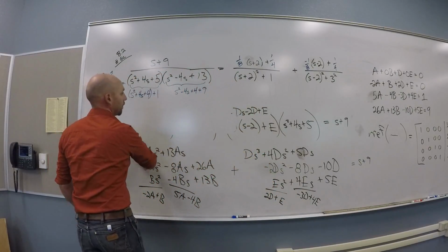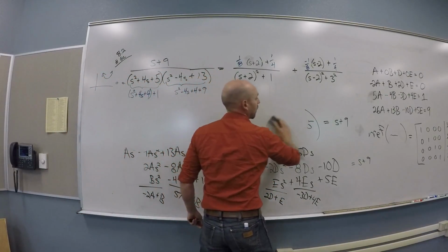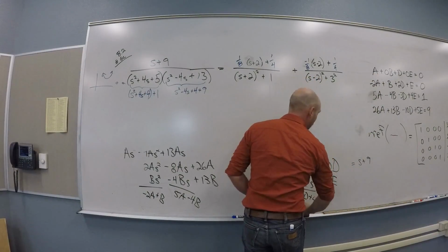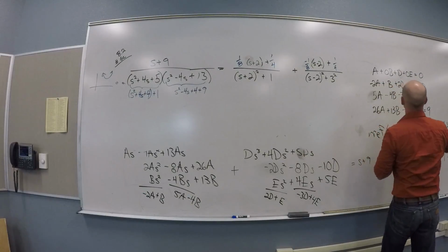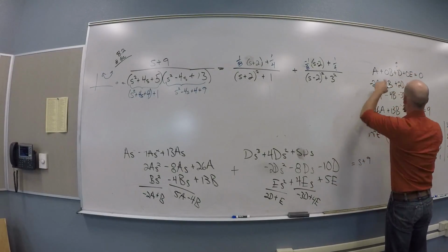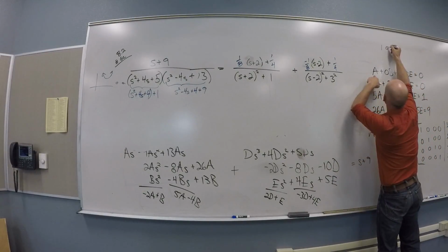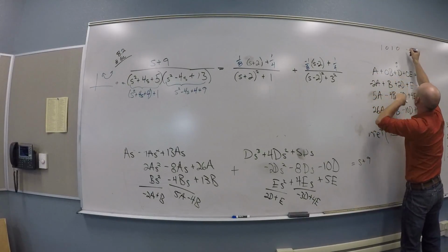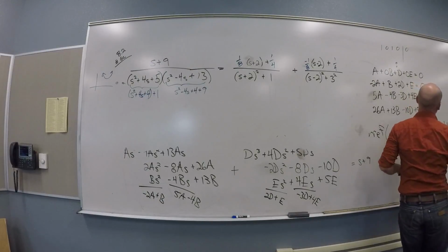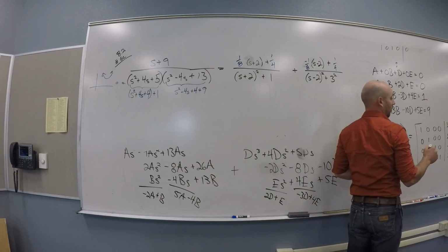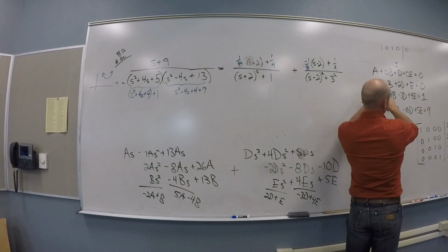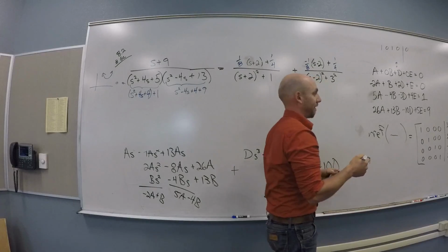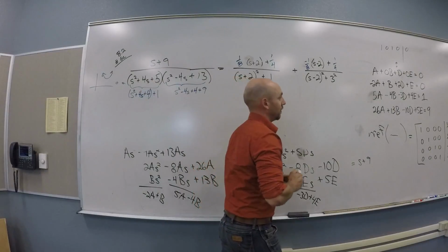What exactly are you putting into the ref again? Oh, this whole thing turned into a matrix. So, looking at this whole thing, I have 1A, no B's, 1D, no E's, augmented by 0. So this is the 4 by 5. And you have like 0, 0, 1, and 9 in your matrix at the end.